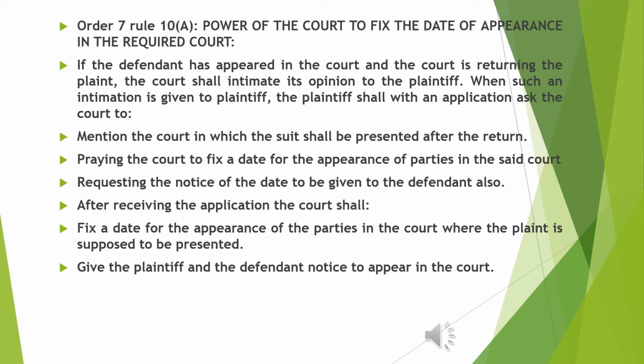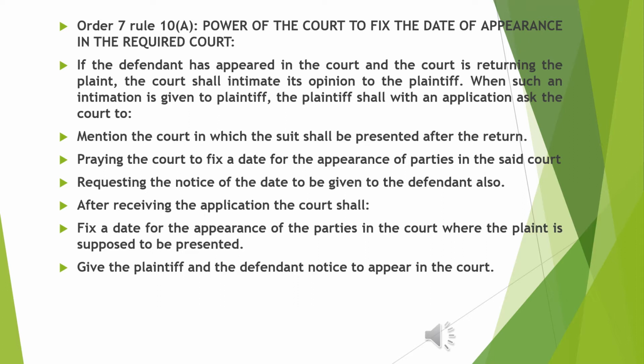Order VII Rule 10A. Power of the court to fix the date of appearance in the required court. After return of the plaint, the court fixes the date for appearance of the parties before the other court where the plaintiff is going to file the suit again. If the defendant has appeared in the court and the court is returning the plaint, the court shall intimate its opinion to the plaintiff.